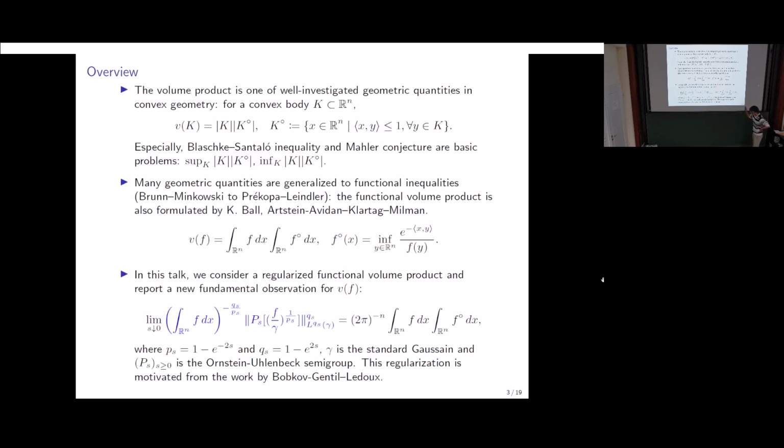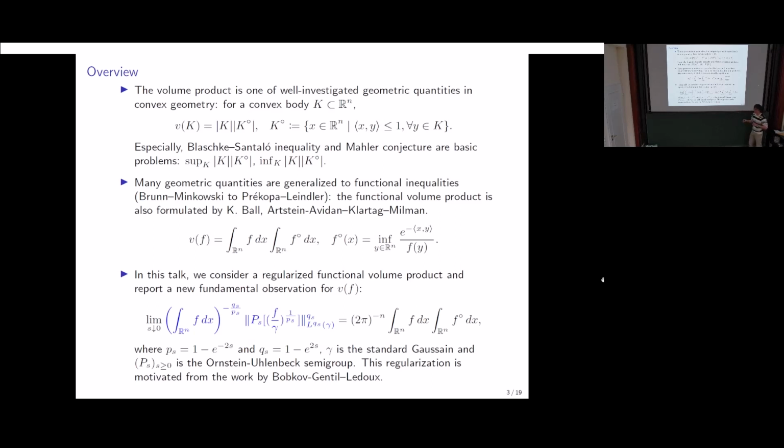We investigate this quantity, but we do not deal with it directly. We consider a regularized functional volume product in this way. Here P_s and Q_s are given by this expression, gamma is the standard Gaussian, and P_s is the heat semigroup.